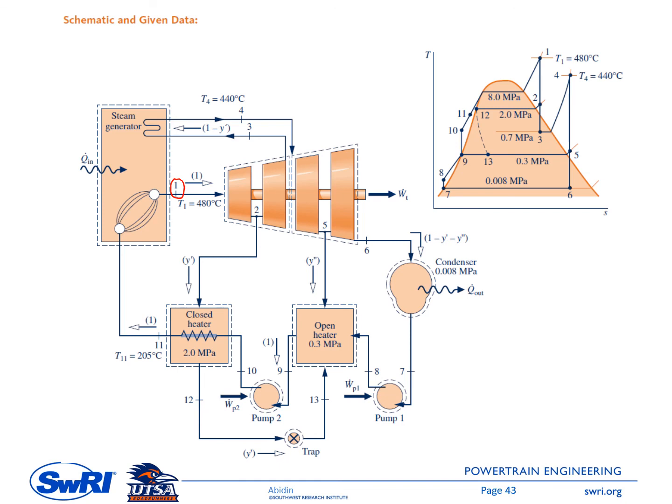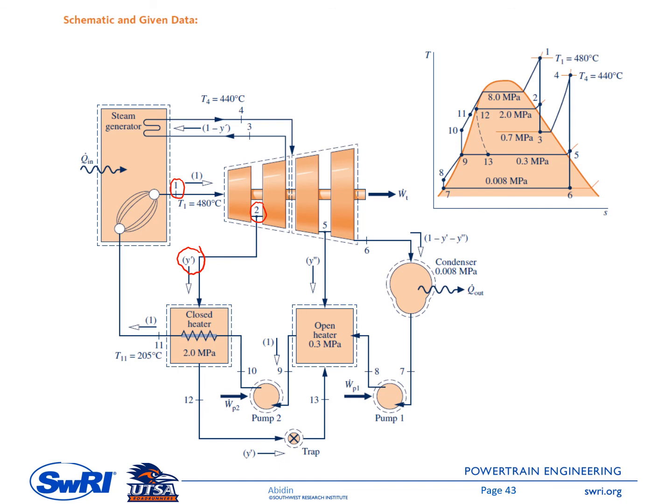This is step number 2. Some of the working fluid is extracted, going into the closed feed water heater. The amount of this extracted steam is represented by this fraction, y prime.